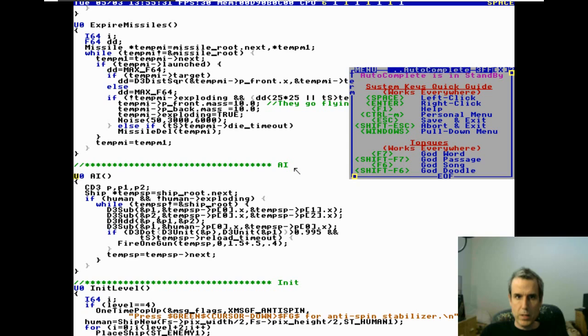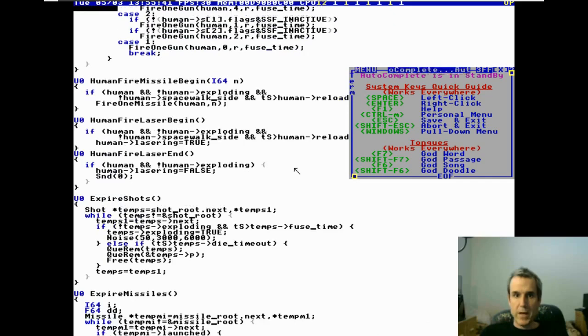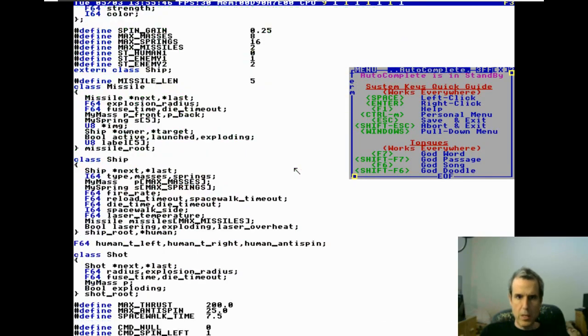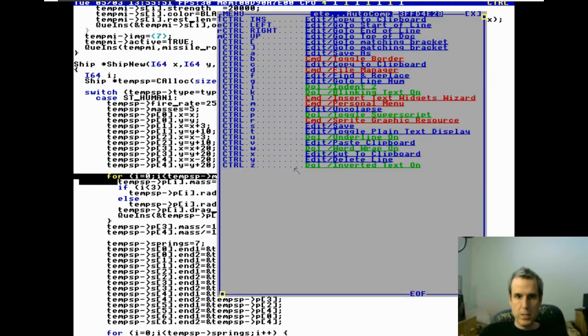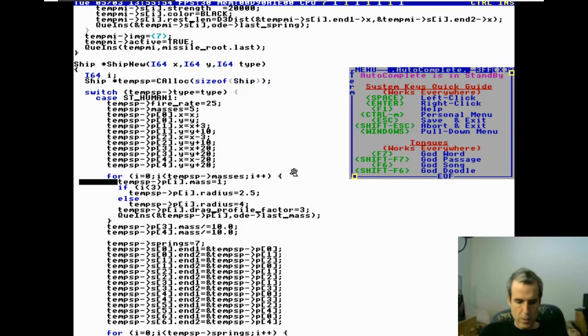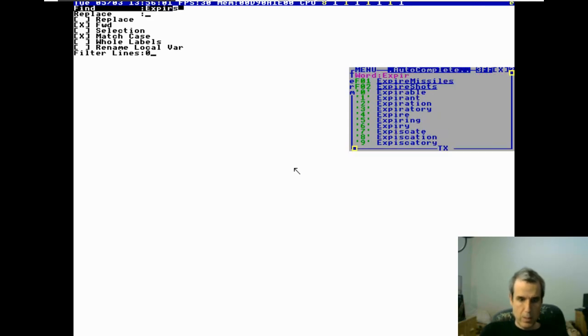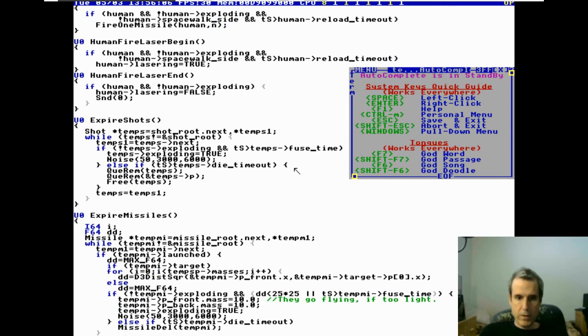Yeah, we are not using Spire missiles. Okay, now we go to the number of masses. Masses. SP number of masses. Okay. If target.